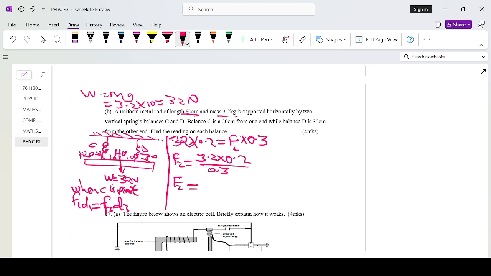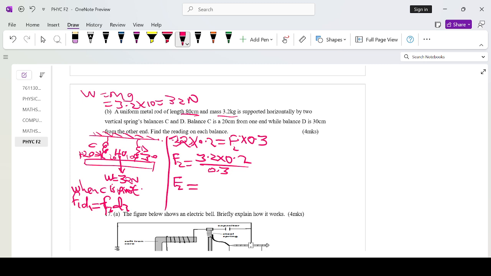Find the reading. I've said let my pivot be at C. If C becomes the pivot, the principle for a system to be in equilibrium is that clockwise moment should be equal to anti-clockwise moments. F1 D1 equals F2 D2.